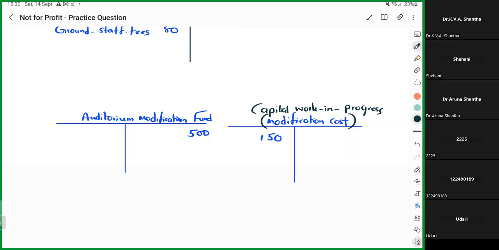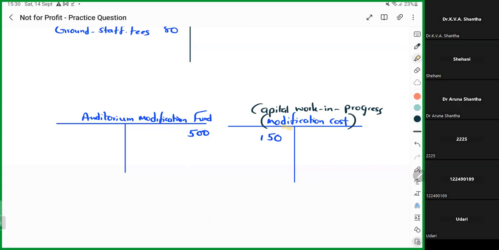But still you have not completed the modification. So until you complete the modification, these modification expenses are accumulated to the capital work in progress account. Right? So this is debited to capital work in progress account.